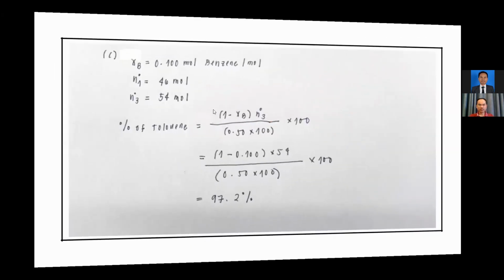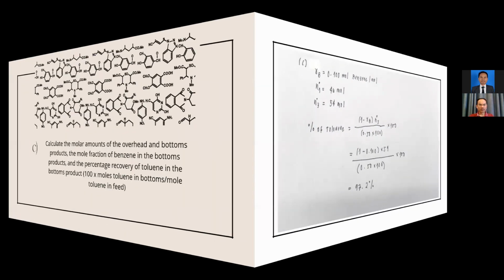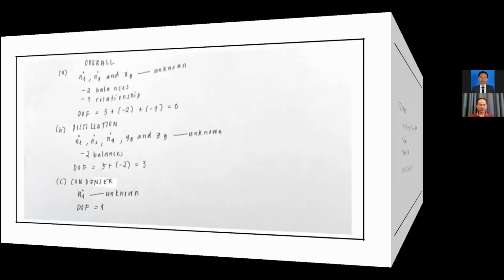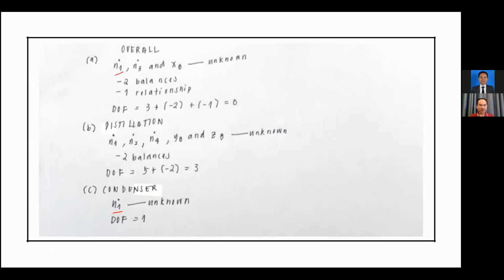Could you go back to the degree of freedom analysis? Could you show it again? Okay. This is for the overall: we have 3 unknowns and 2 balances.